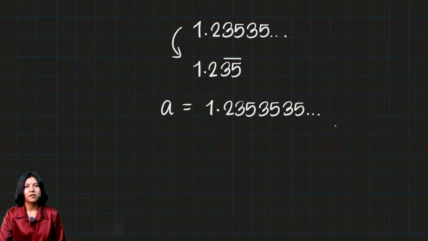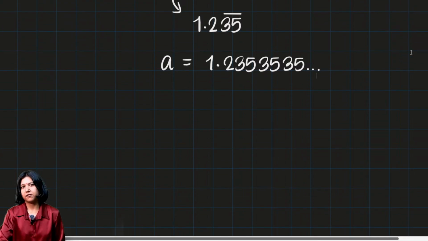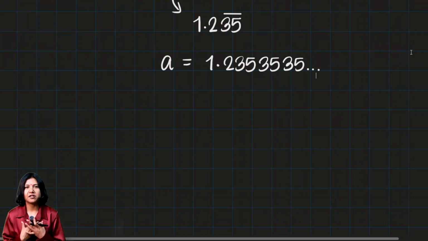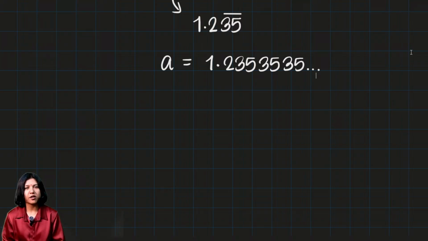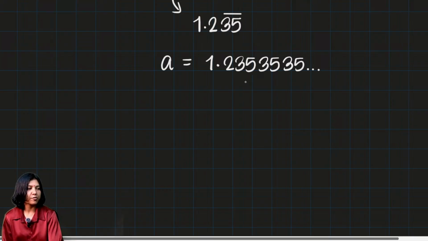Now, there are many ways these kinds of questions are approached. If I have to teach you the easiest way, I want you to have two equations here. One, where I'm going to bring this non-repeated digit once, and in the next, I'm going to bring one group of this repeated unit in front of the decimal. We'll do this in two steps. The first step would be to remove this non-repeated digit.